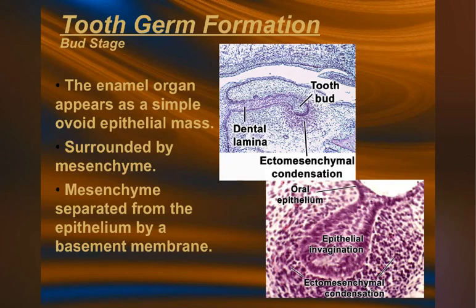It comes from the oral ectoderm, so it's epithelium. Surrounding the enamel organ, we have ectomesenchyme. Always when you have epithelium and mesenchyme, there should be basement membrane between them.